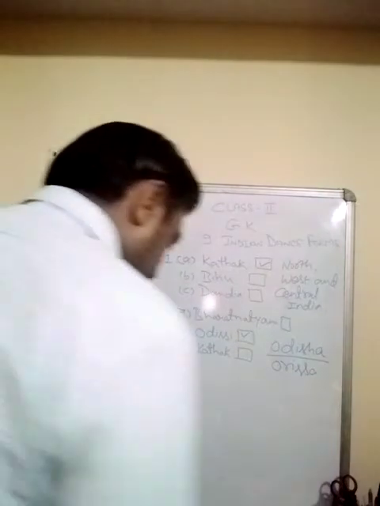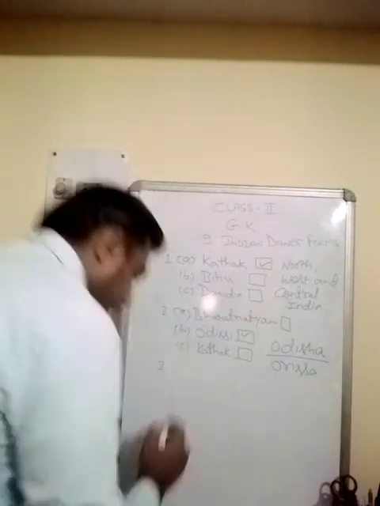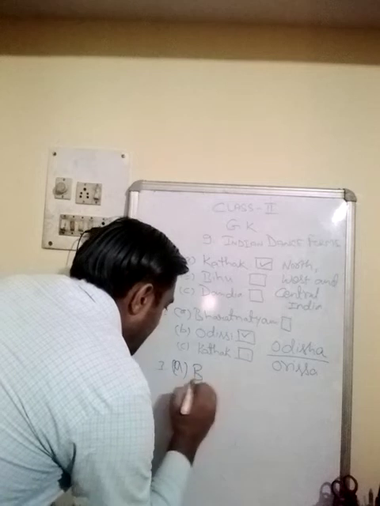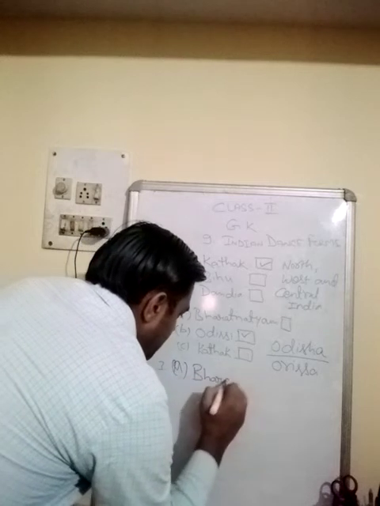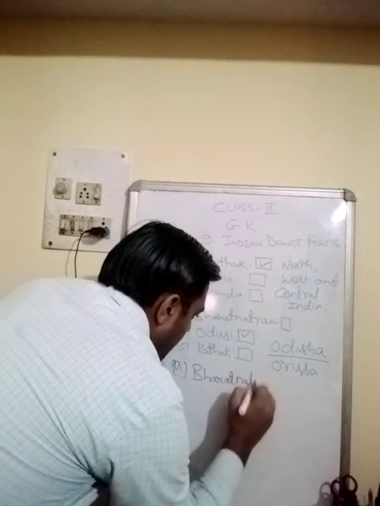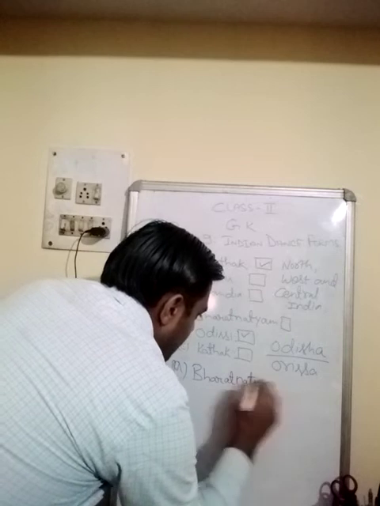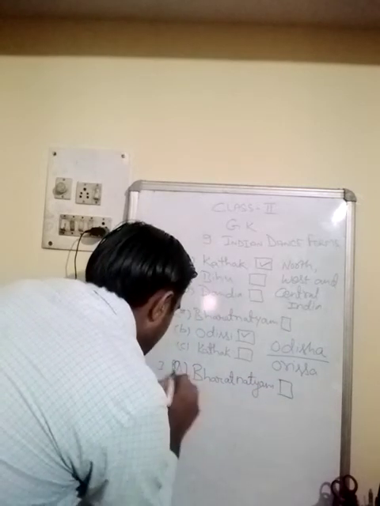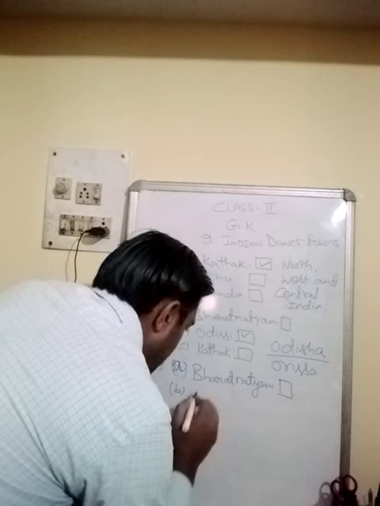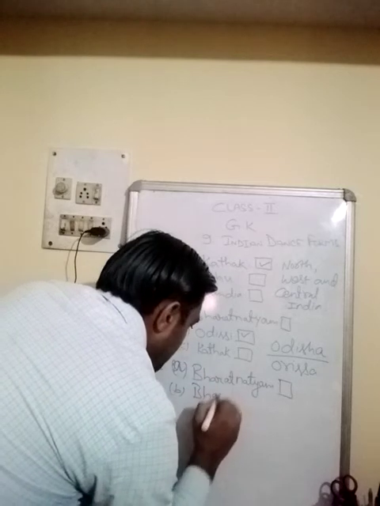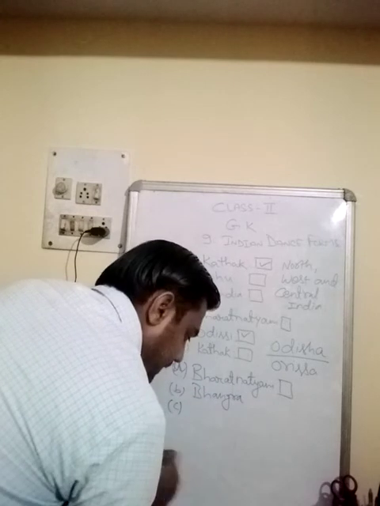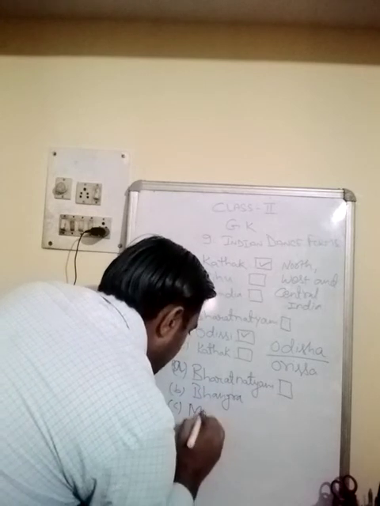So the three options for pic number 3 are: number A, Bharatnatyam; number B, Bhangra; and number C, Mohiniyattam.